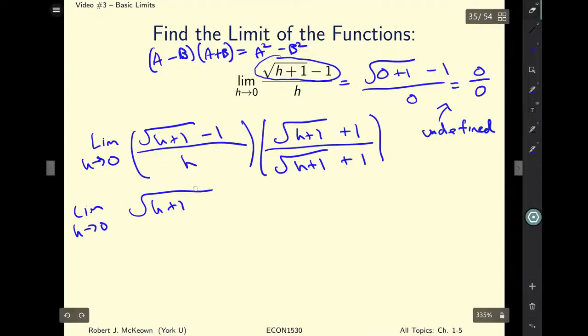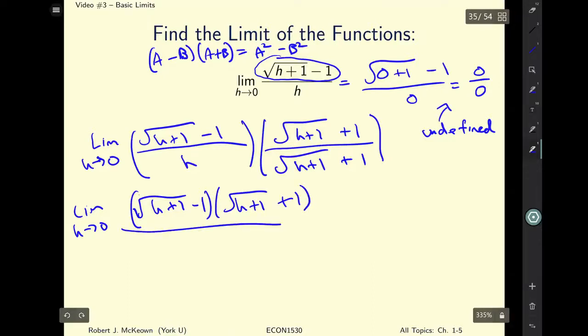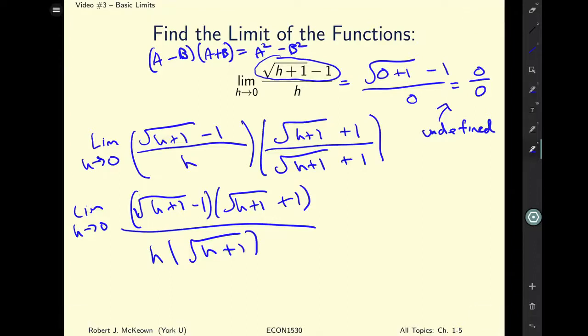Well, maybe I'll try and write this not quite that large. And so since I've done the same thing to the numerator and the denominator, I haven't broken any rules.